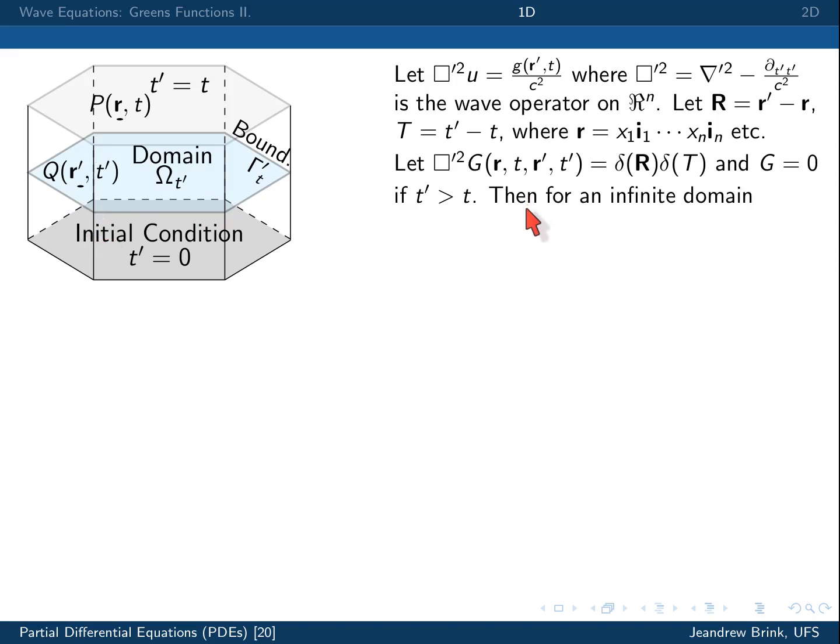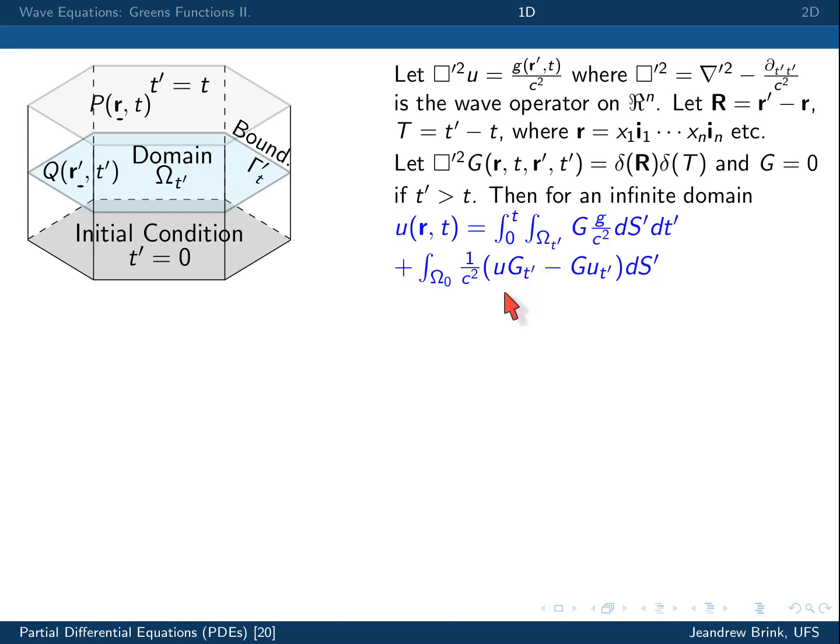Okay, and then we found the general solution for a finite as well as an infinite domain, and we went on further to show that for an infinite domain it becomes somewhat simpler. We basically have that the boundary goes to infinity, so the boundary terms are lost.